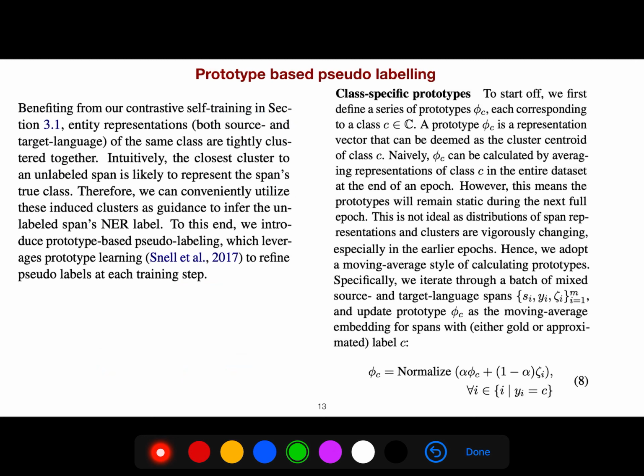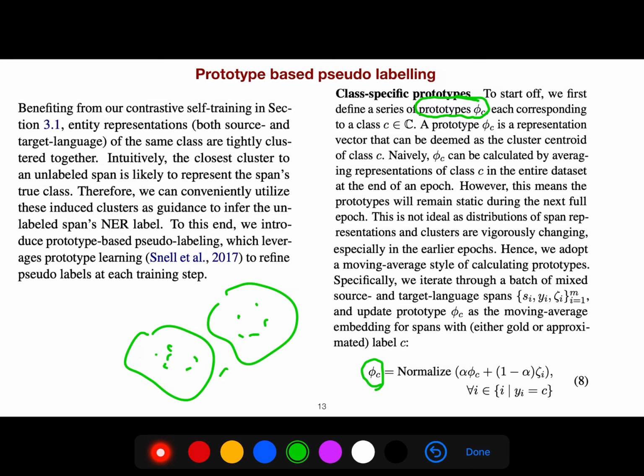To start off, we first define a series of prototypes, each corresponding to a class C. So this is a prototype for class C, and a prototype is a representation vector that can be deemed as the cluster centroid of class C. So we have different prototypes.